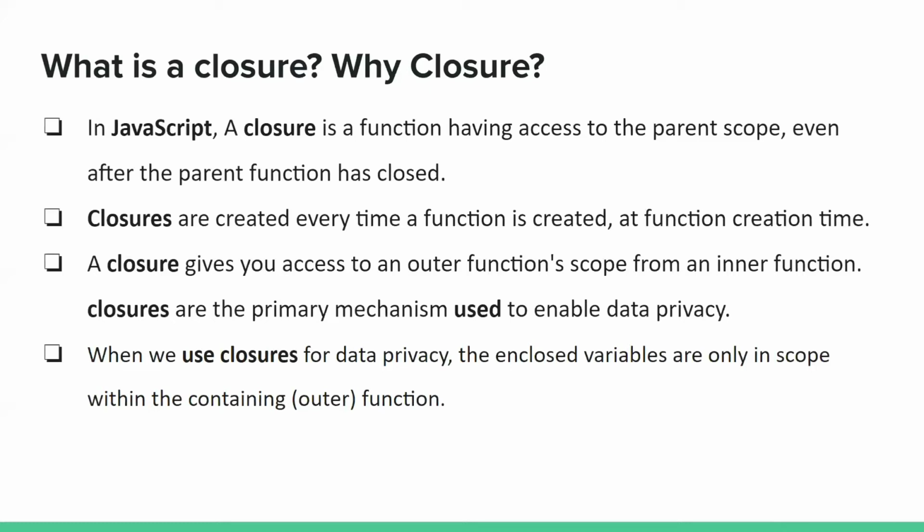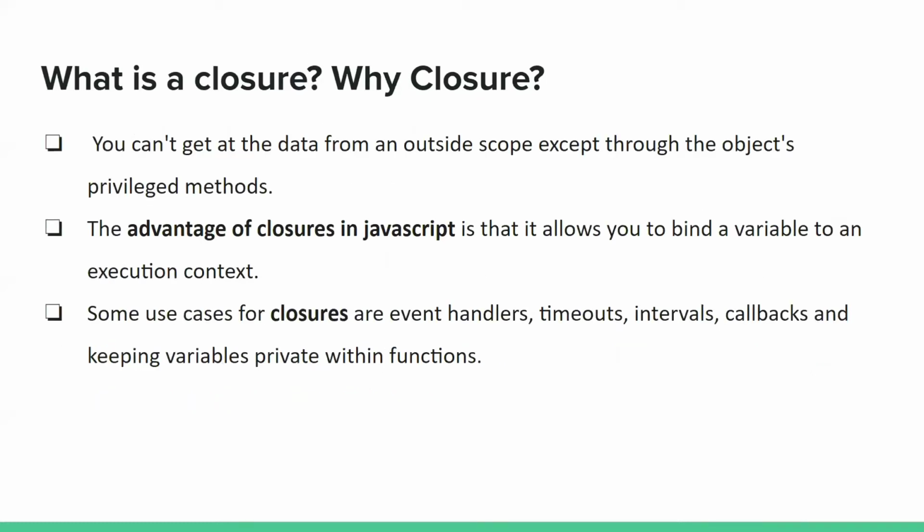Primarily it is used for data privacy or data encapsulation. When we use closures for data privacy, the enclosed variables are also in scope within the containing function, or the outer function. So what are the advantages of closures? The basic advantage is that it allows you to bind a variable to an execution context.